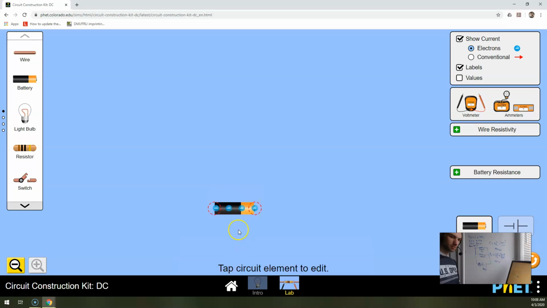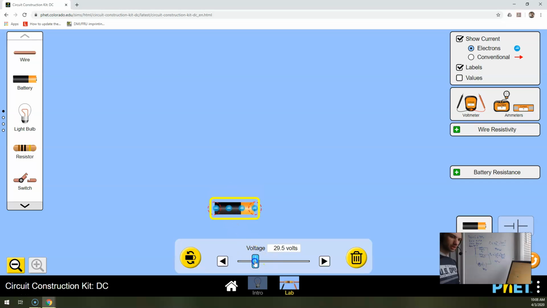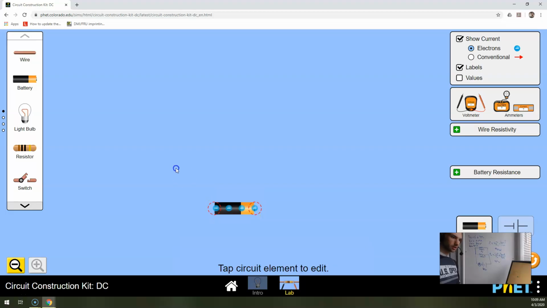Okay, I'm going to make a circuit likely more complicated than the Regents would ever give you, but just in case. I'm going to put a mixed circuit. It's going to be super mixed, the most mixed of all circuits. It's going to include a series resistor, series meaning everything has to go through it.